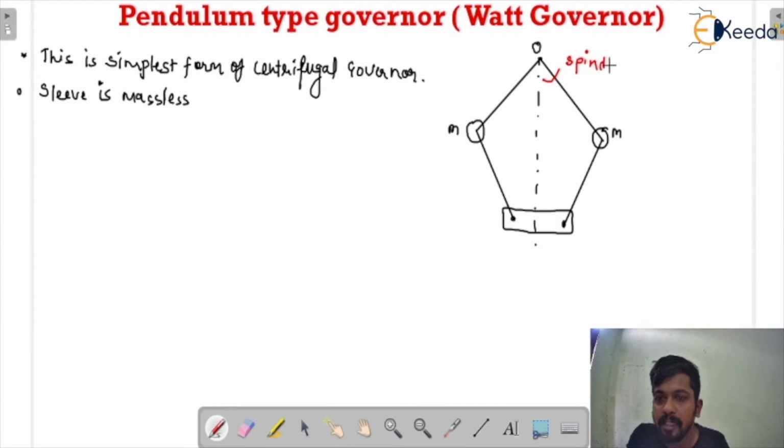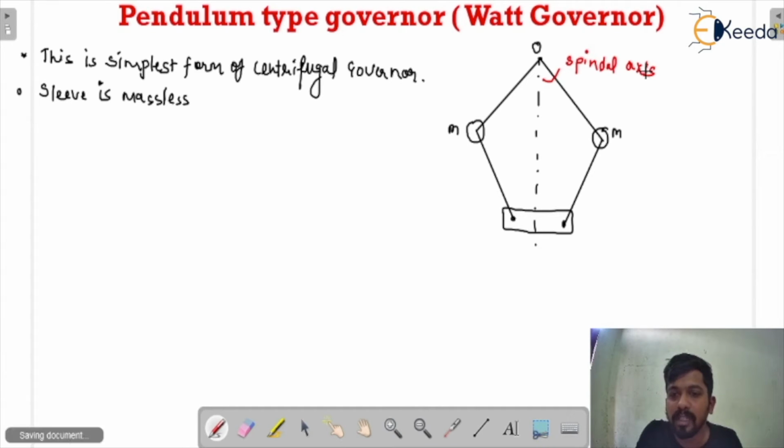Each and every term you need to understand in the diagram, because governor problems generally require the diagram. You need to be able to draw the diagram of whatever governor is given in the questions. So every term you need to understand, where and how it is going to be used in the type of governor.